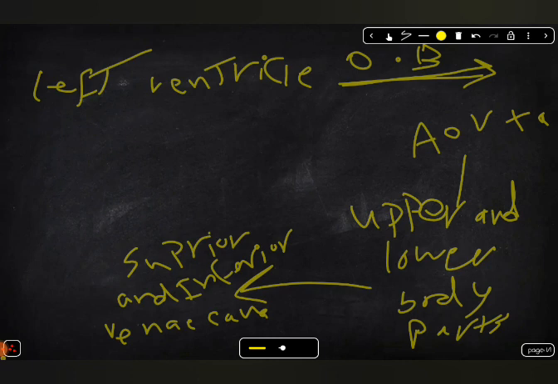And this blood will be deoxygenated blood because the carbon dioxide is in it.